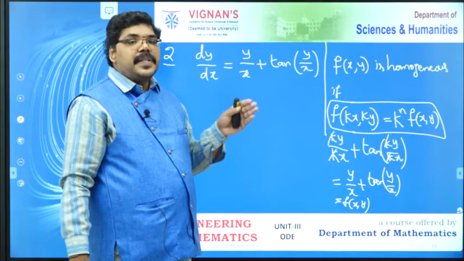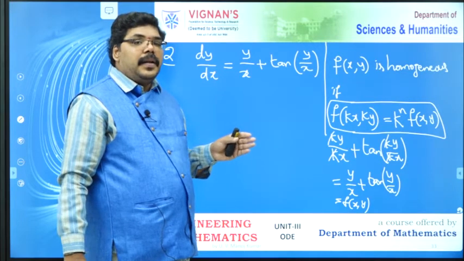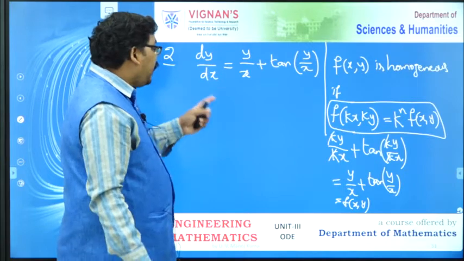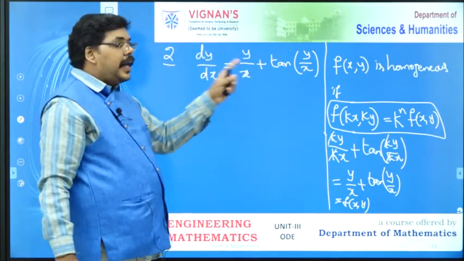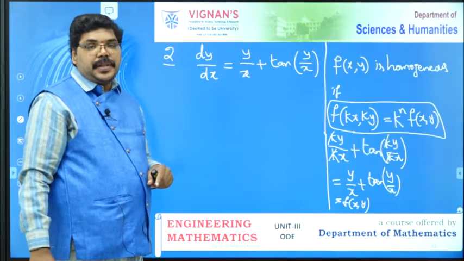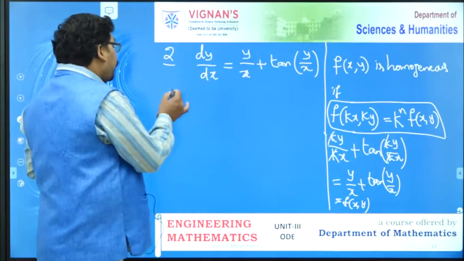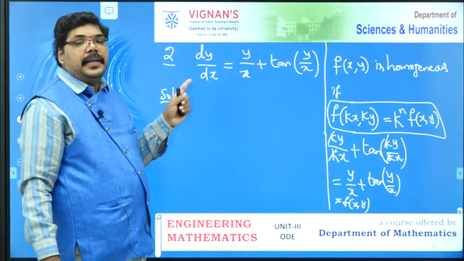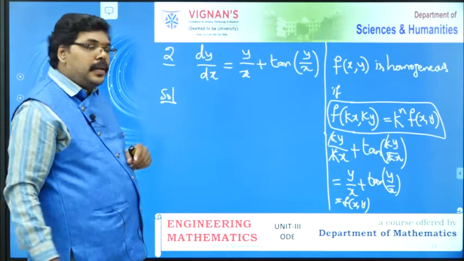In the end, after simplification, you can take k power n as common and f of x comma y remains. So as we checked here, the RHS is a homogeneous function, so this is a homogeneous differential equation. Once you identify that the differential equation is homogeneous, go for the substitution.